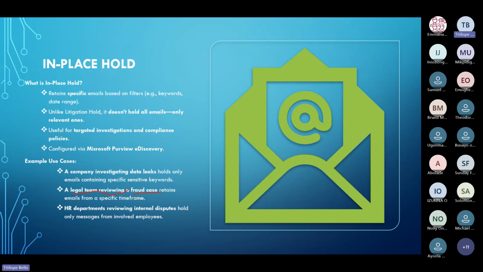Or in a certain bank in the country. Legal representation could come and request transactions that happened within the period they were talking about. Or the moment management had a wink that something is going to happen, they can put a legal hold or in-place hold on the mailboxes of the people involved. Okay, so that's how in-place hold works.